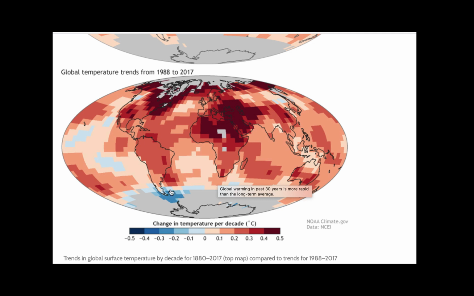We have a little bit more cooling in some areas, like right down here at the south end of South America, but we have more areas that are seeing really dramatic increases. You can see from the scale here that these dark red areas are plus 0.5 degrees. Plus 0.5 degrees doesn't necessarily sound like a whole lot, but it's the trend that is potentially concerning.